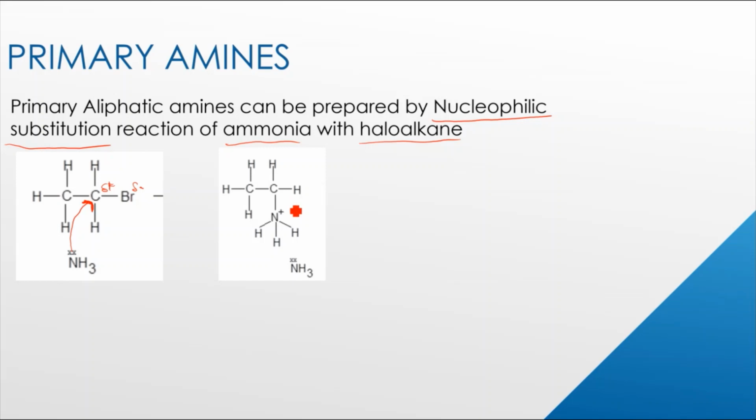So now we have a bond formed between nitrogen and carbon, but as you can see, the nitrogen has a plus charge and the nitrogen wants to get back to its neutral charge.